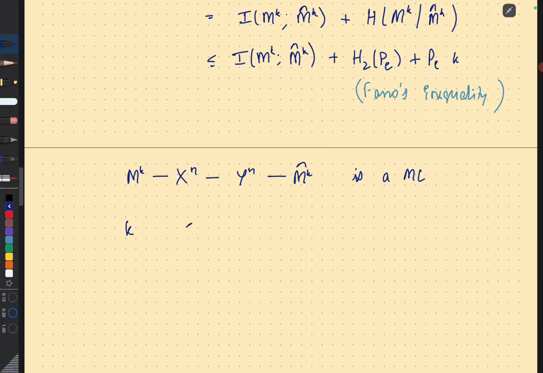So k is less than or equal to the mutual information between xn and yn plus this other term, which is the binary entropy of the probability of error plus probability of error times k.